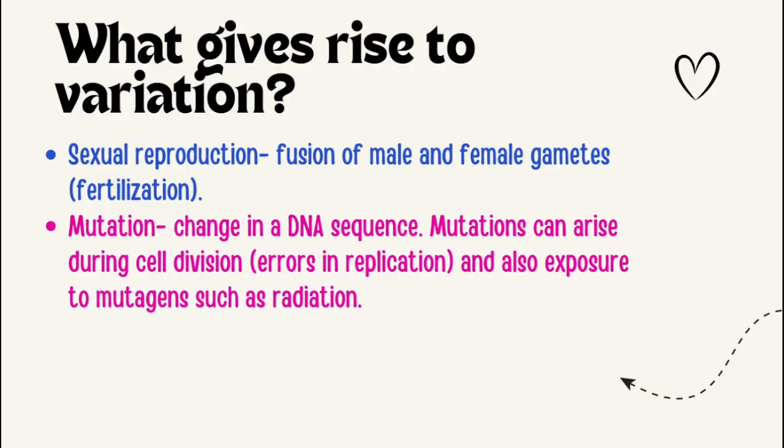And we said before that variation will come from sexual reproduction, the fusion of male and female gametes, so fertilization has to take place, right? And another way that variation can come about is through a mutation, right? So mutation means that there's a change in the DNA sequence.